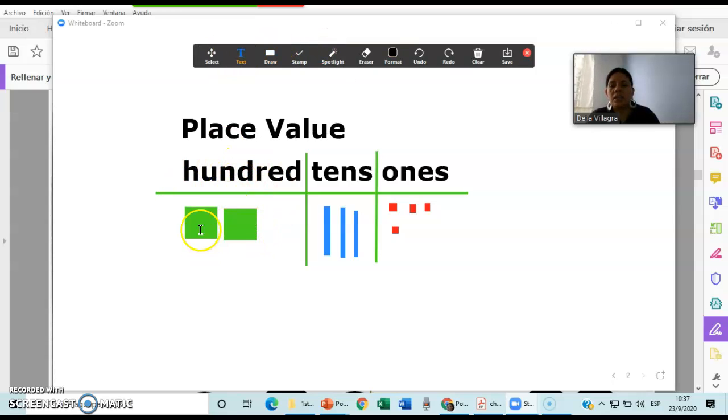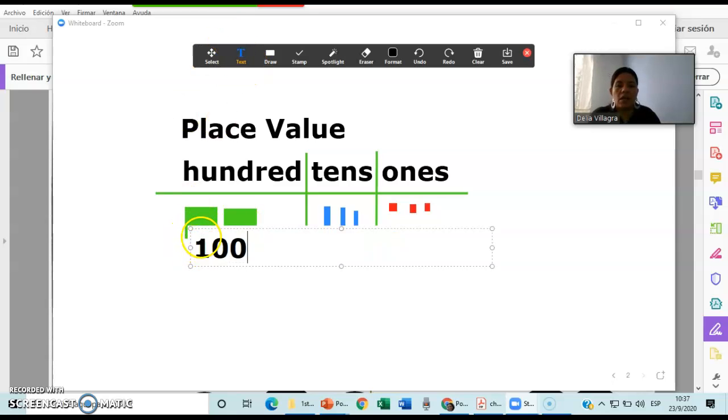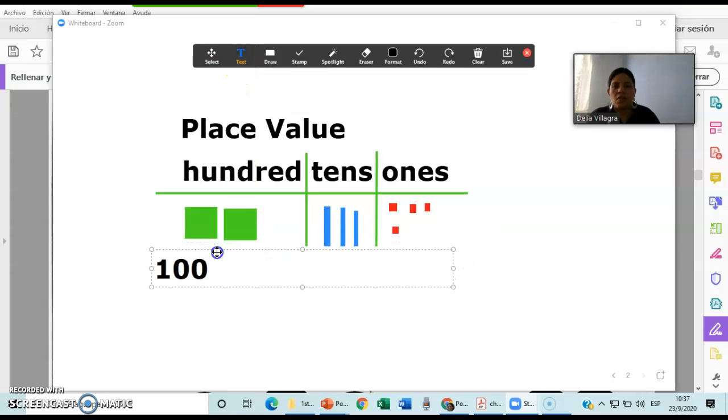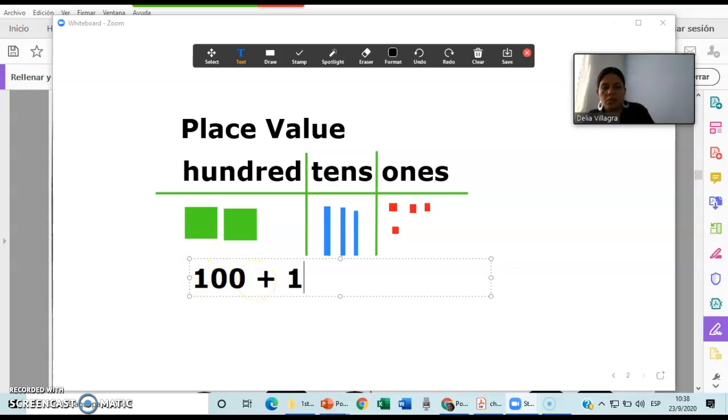So 100, how many boxes do I have? 1, 2. Remember, each one represents 100. So I have 100 here and 100 here. So 100 plus 100 equals 200.